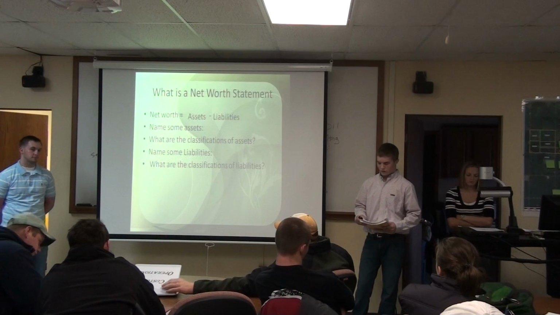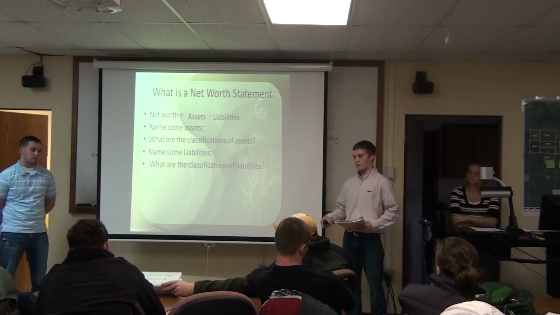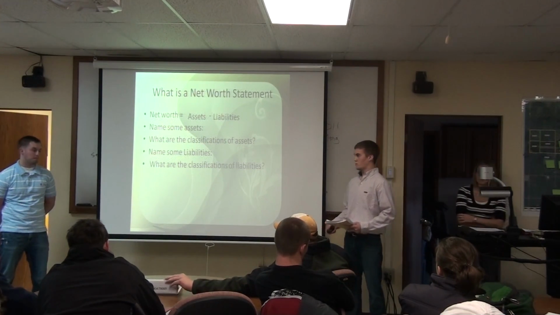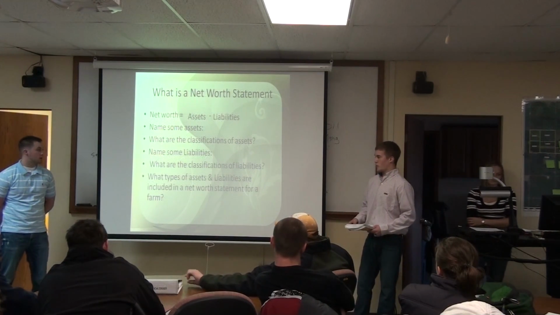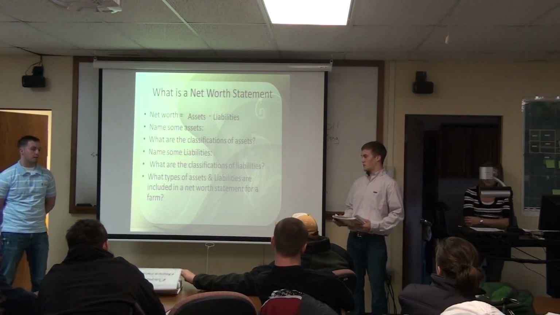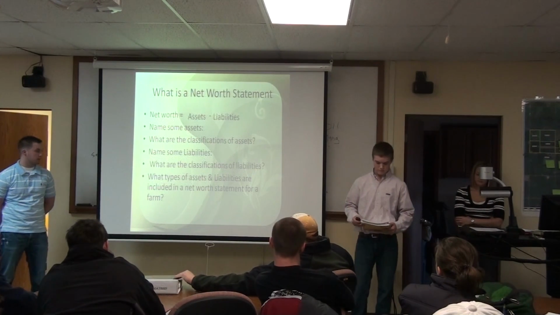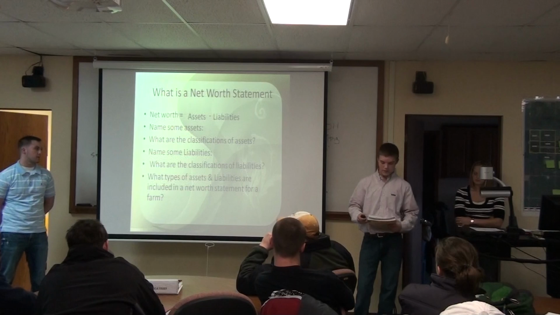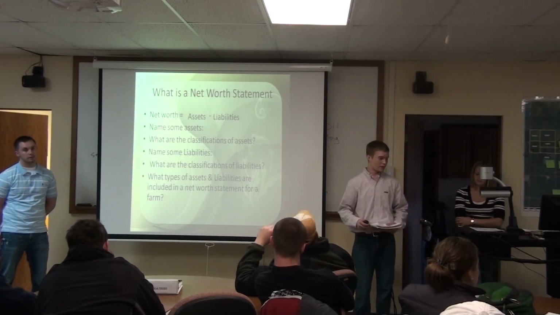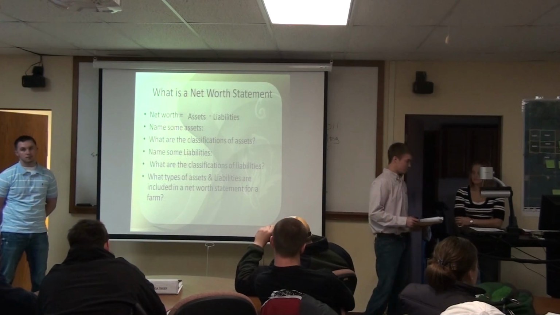We'll be going into more detail on what exactly those mean later on. Types of assets included in a net worth statement, we kind of went over that, but basically property, plant, equipment, and the money that you owe on all that stuff.